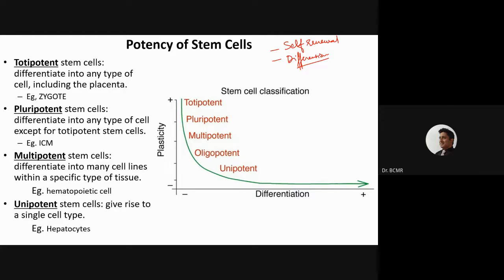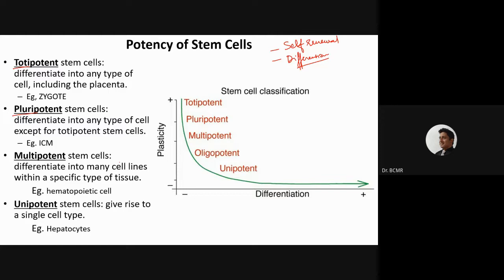So in that we discussed totipotent. That means the ability to give rise to a complete organism, which means all the different types of tissues organized in a proper way, so that it is a functional organism. Similarly, we have pluripotent after that. That means it can give rise to all cell types, except that it cannot give rise to a complete organism.